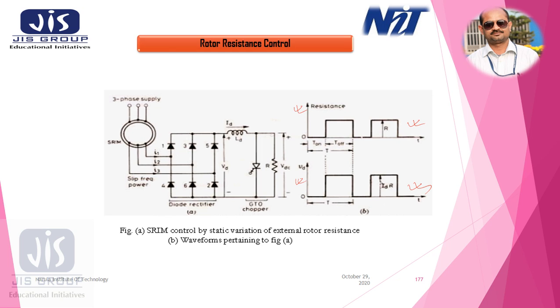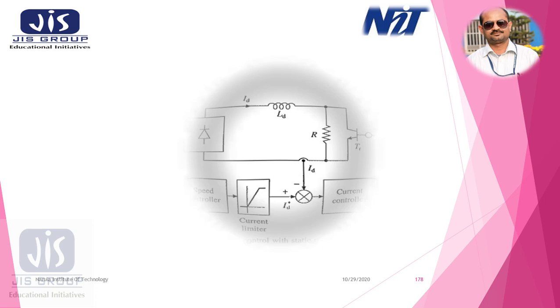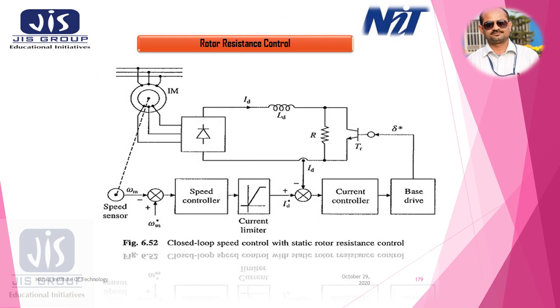From here we can get this value of R, which we have discussed. And this is the closed loop speed control with static rotor resistance control.